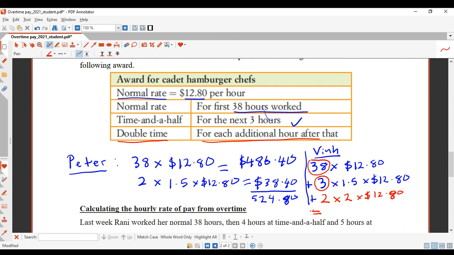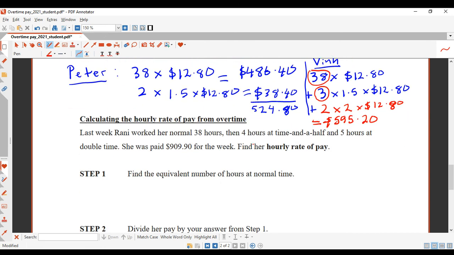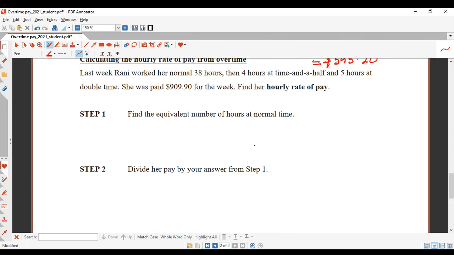So 38 times $12.80 plus the last one. You've got $595.20 for Vin.